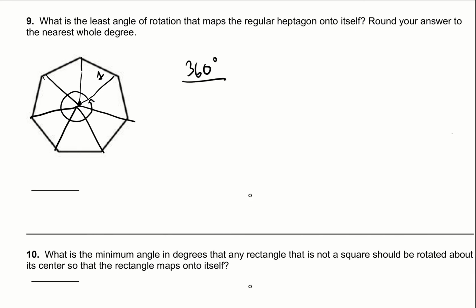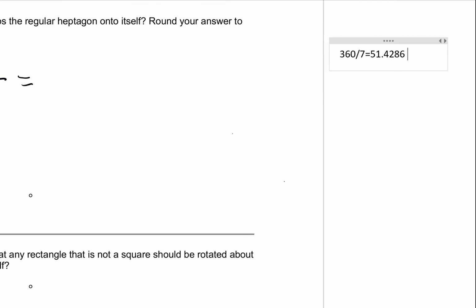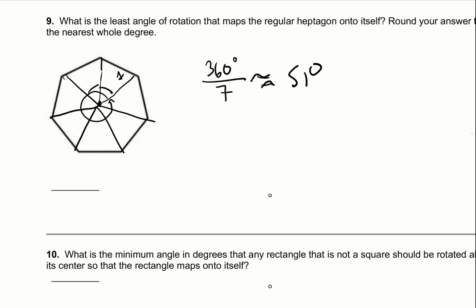So if we do 360 degrees divided by 7, we'll get the number of degrees required for each of these sectors. If we divide those, we get about 51 degrees. We'll round it to the nearest whole degree. So if I rotate about 51 degrees from here to here and so on, the shape will overlap with itself.